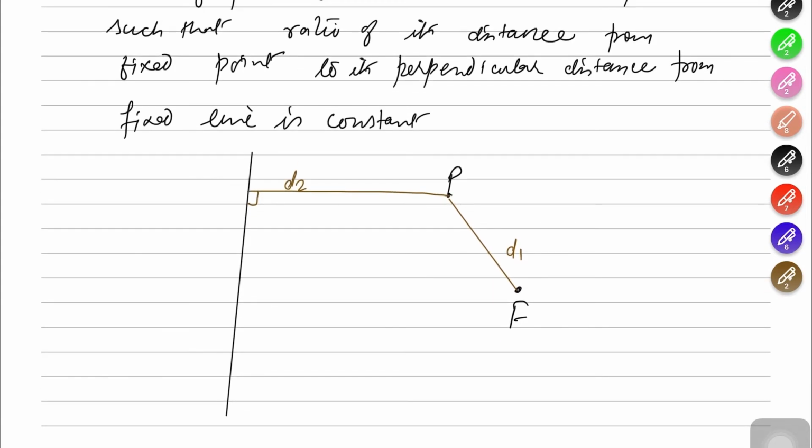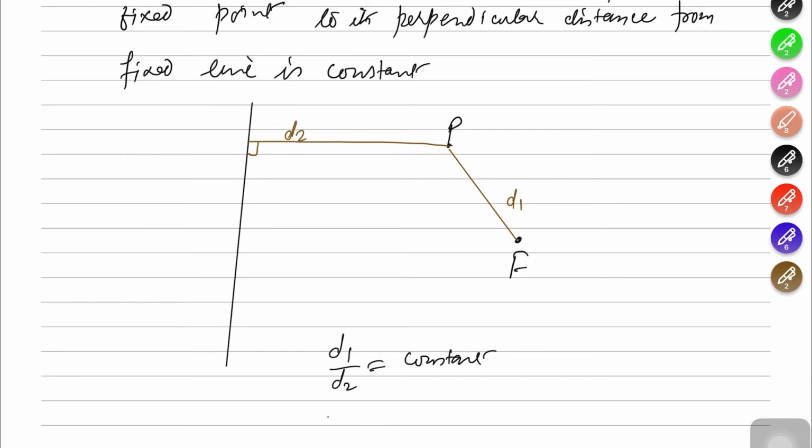So the point P is moving such that d1 upon d2 is equal to a constant. Then P will trace a conic section.